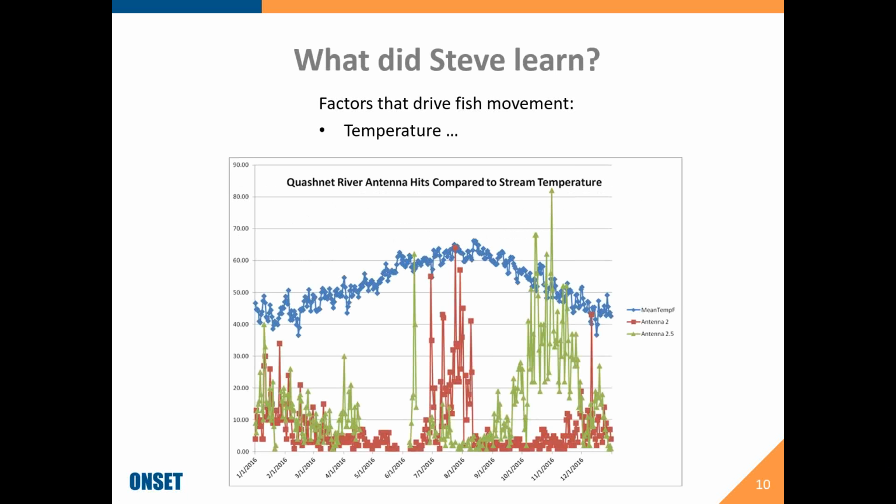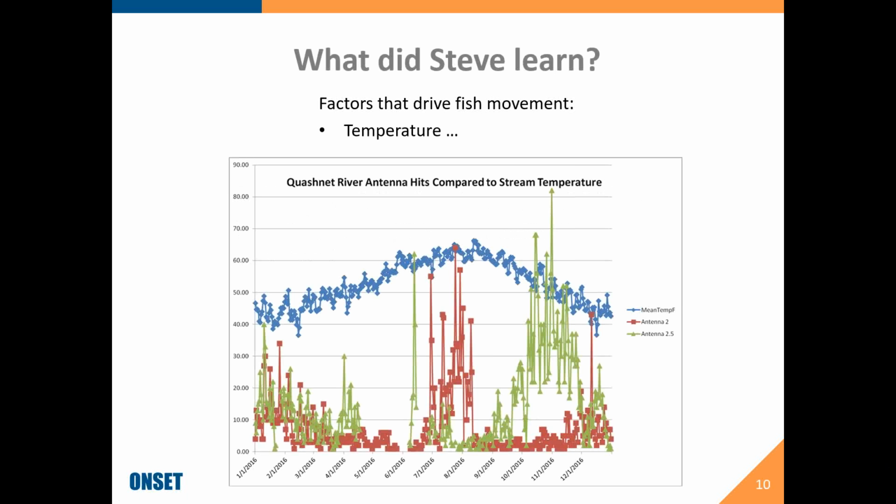And one of the things that they did was look at temperature versus fish activity. They have antennas that were looking for the tags that were implanted on the fish. And so when the fish were migrating through the streams, you could see that they're passing by these antennas.